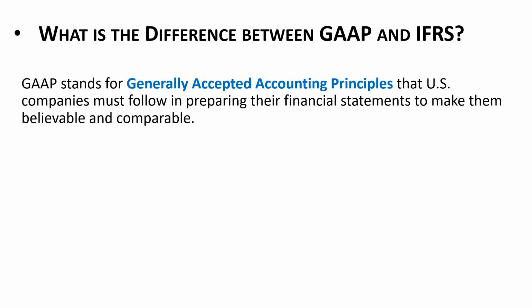Another problem he has is how to compare your statements. If you call something revenues and another company has their own definition of revenues, then comparability becomes difficult. Now this is why we have GAAP, Generally Accepted Accounting Principles, that firms have to follow so then the investors can believe and compare.